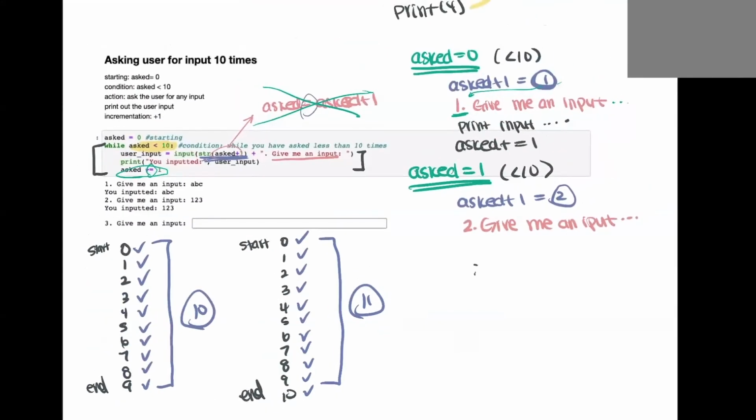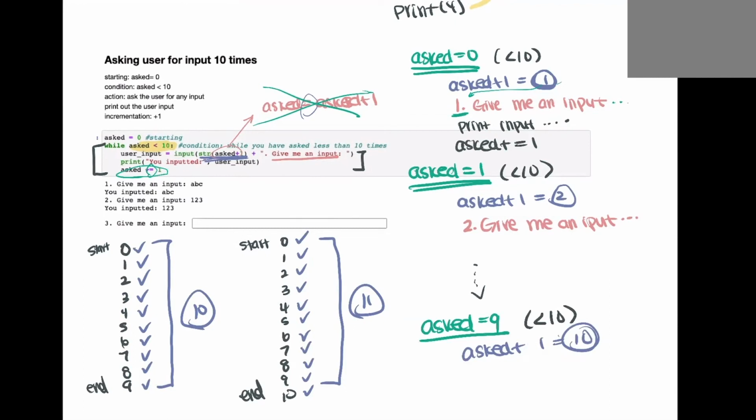So this will keep going until you get to asked is equal to 9. And then you see that it's less than 10. So when you do asked plus 1, it'll give you the number 10.